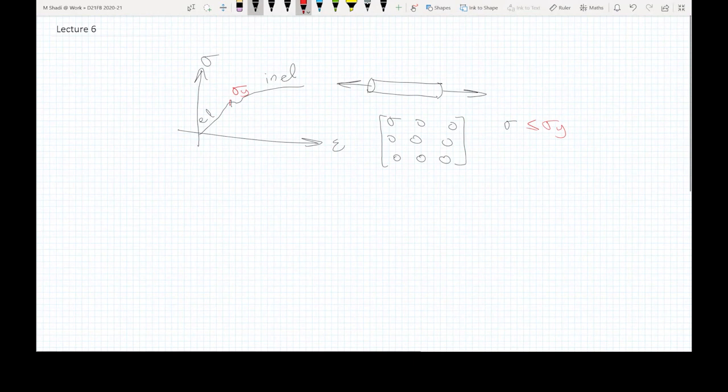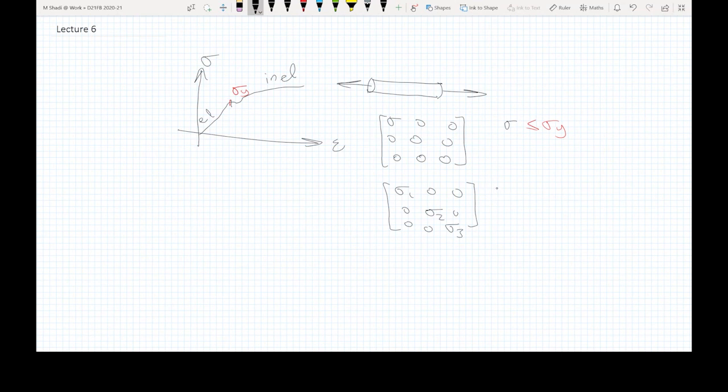But we said also that you have more complex situations where these numbers here are different from 0. So in this case, we need to resort back to the principal stresses. So we have sigma 1, 0, 0, sorry, sigma 2, 0, 0, and then we have sigma 3. And in this case, we have other failure criteria.